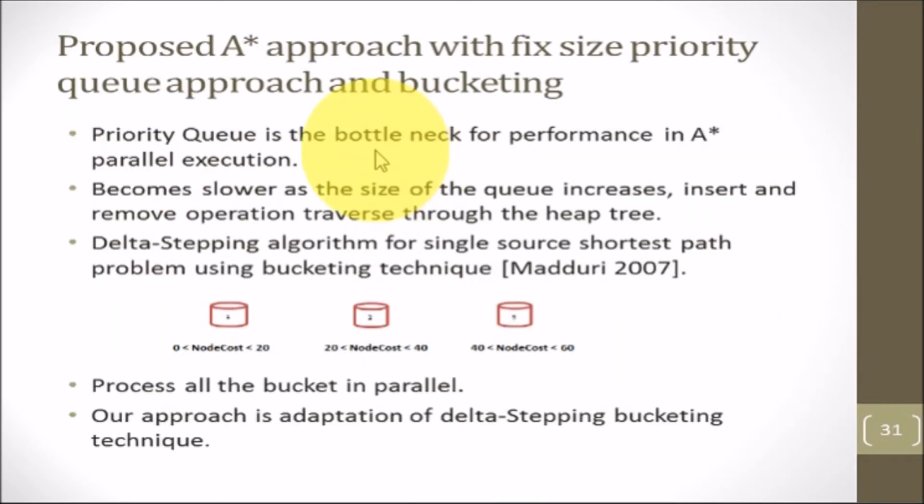Next, during the implementation of these algorithms, we came across a performance bottleneck in the parallel execution, which is the priority queue. We saw that as the priority queue grew in size, the performance degraded for the A star execution.